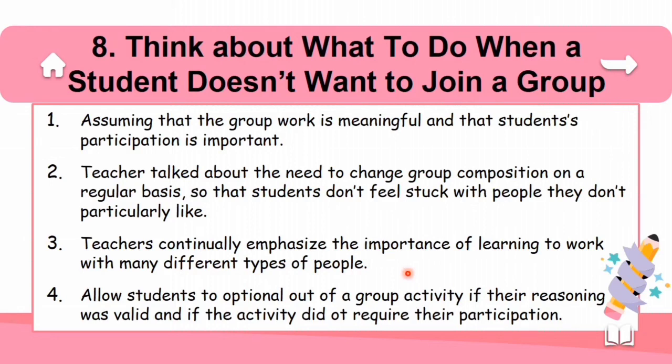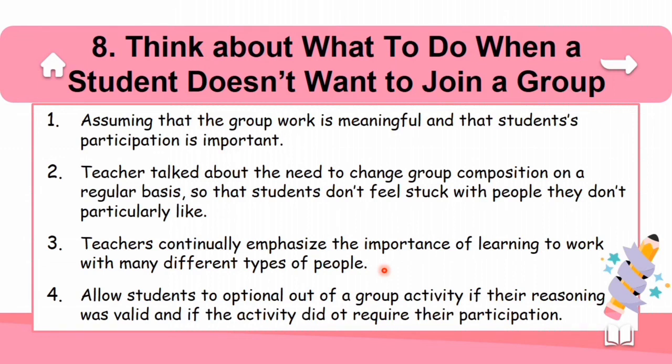And actually what the teacher needs to emphasize here is that sometimes it's a lot easier just to allow the student not to join a group, but a part of education is developing the social skills. What the teacher wants to highlight here is the social skills.